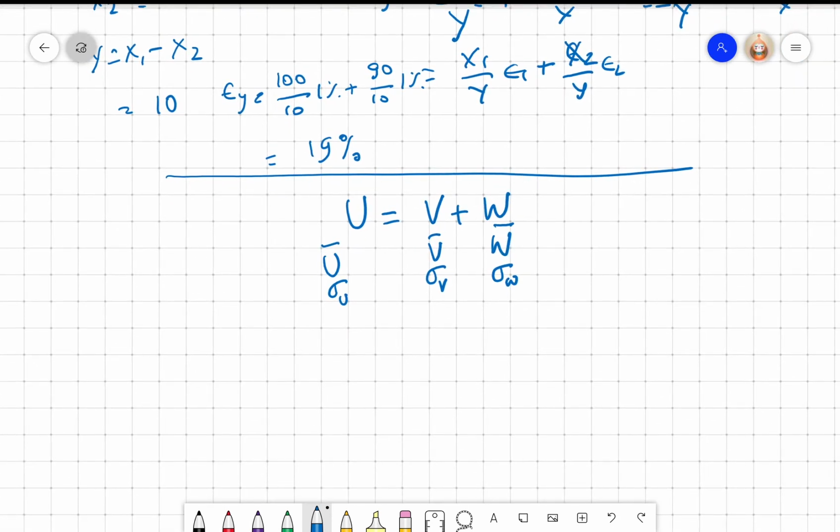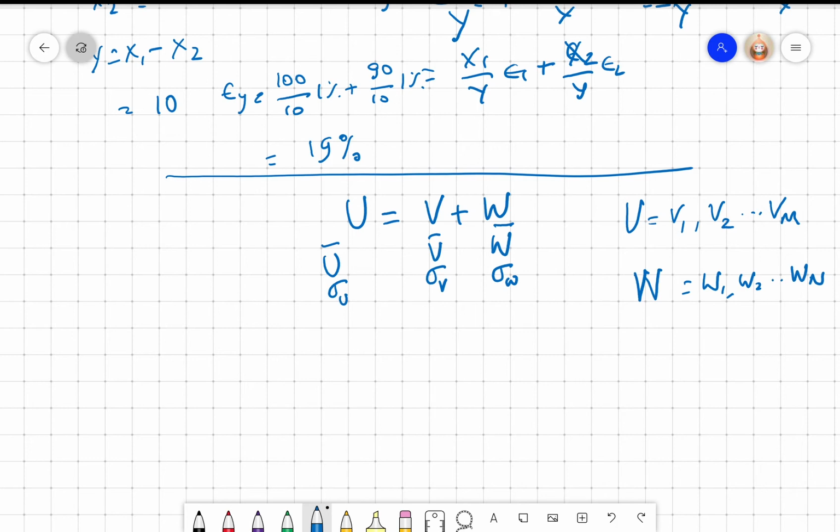Let's say I have measured V1, V2 up to Vm, M measurements, and W1, W2, up to Wn. These two need not be measured the same number of times. I could have measured V 50 times and W 100 times. So I'm taking M measurements in V and N measurements in W.